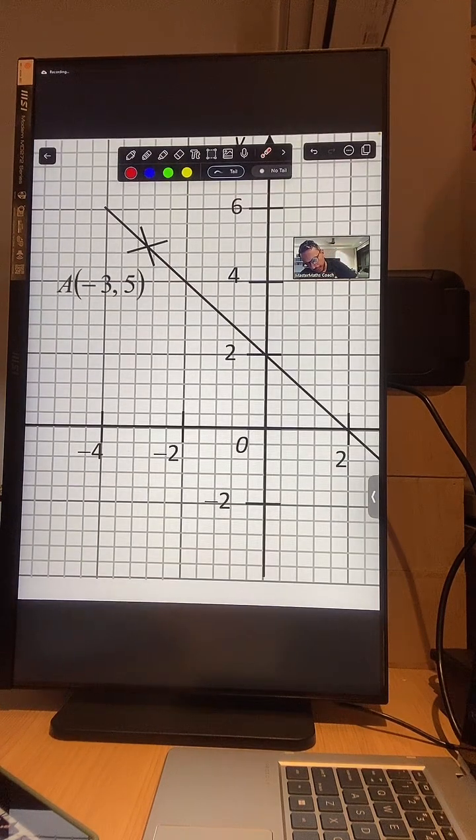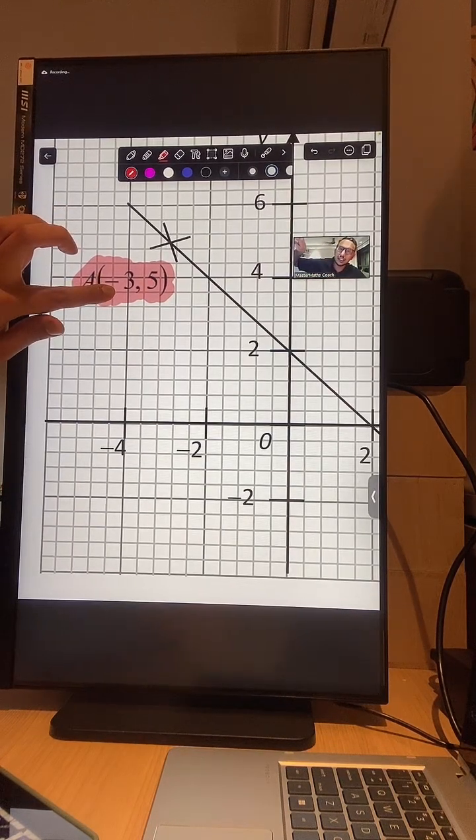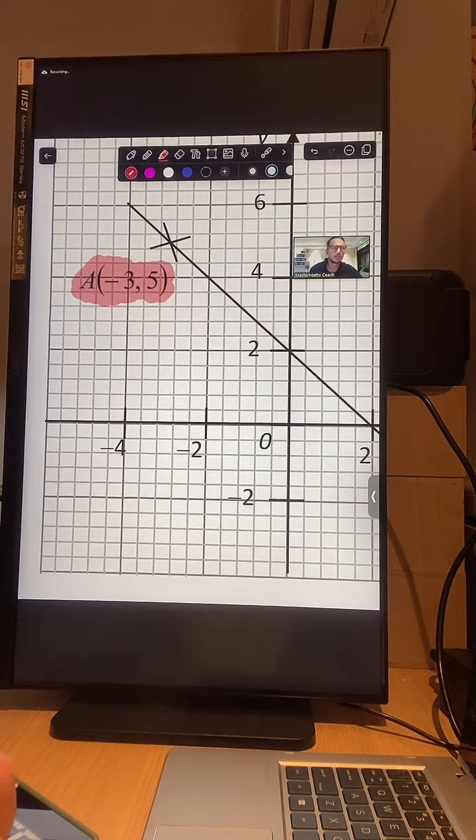When you see there's a -3 over here, what does this -3 mean? A bit hard to see. Maybe I highlight. Okay, maybe that's better. You can see there's a -3 there, and then there's a 5 there. There's a comma in the middle. So what does that -3 mean? That -3 means that the x coordinate of that point is -3.